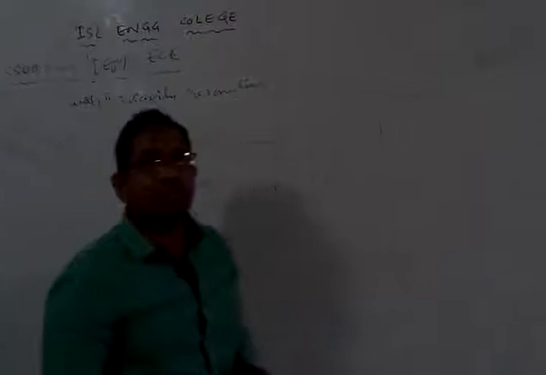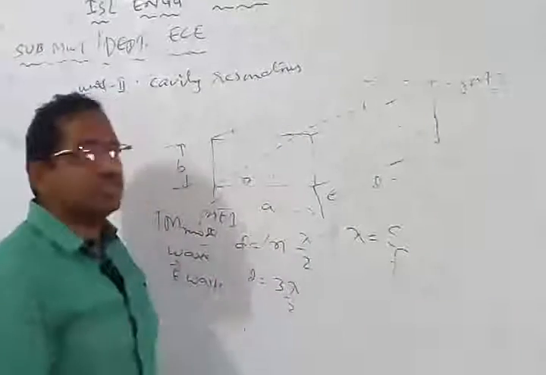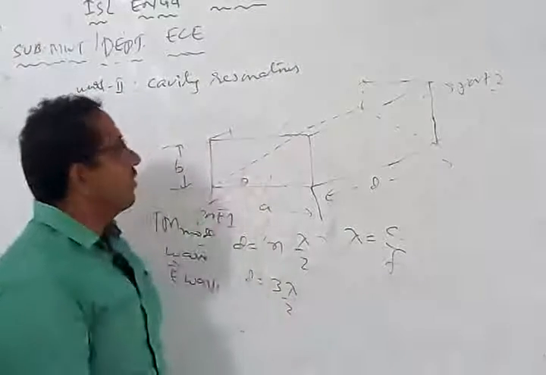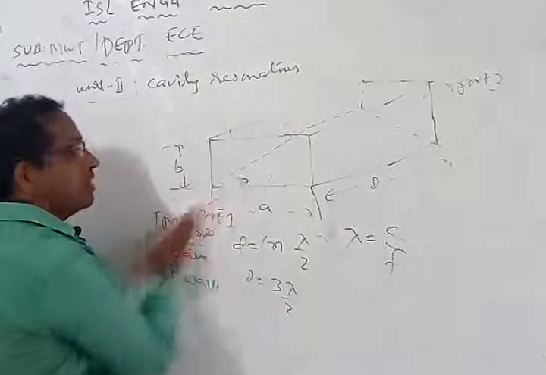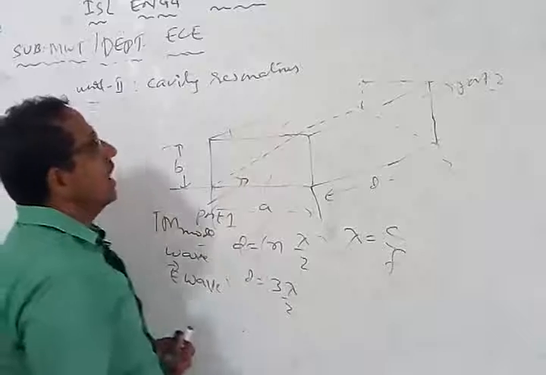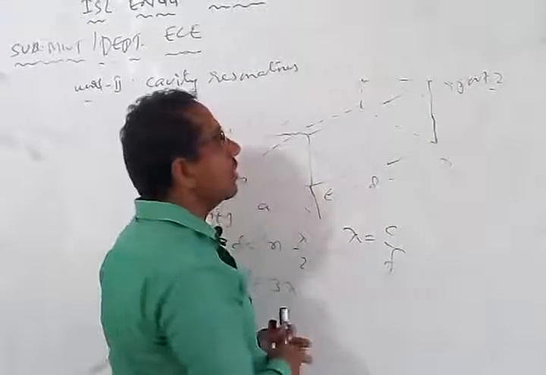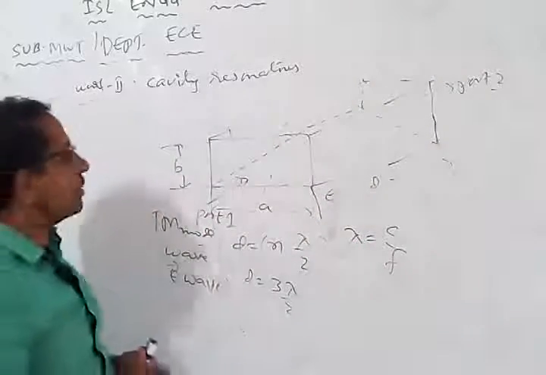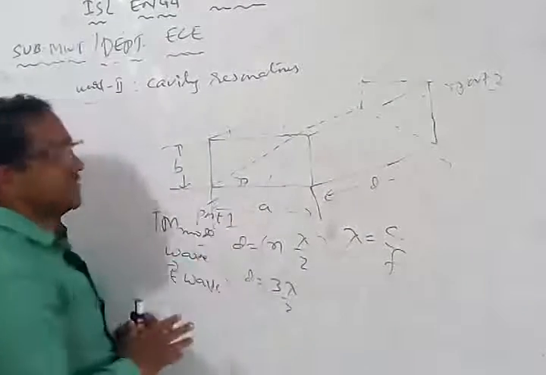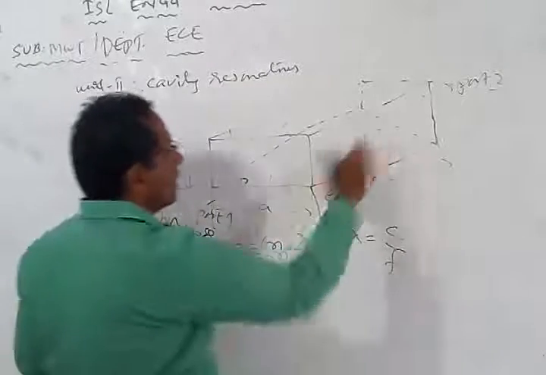Lambda is the wavelength of the signal. Now this is simply a rectangular waveguide. What we are doing now is transmitting either a TM mode or TE mode from port 1, and instead of taking the output from port 2, we close this port 2. Once we supply some signal from port 1, and at port 2, what is the distance of port?